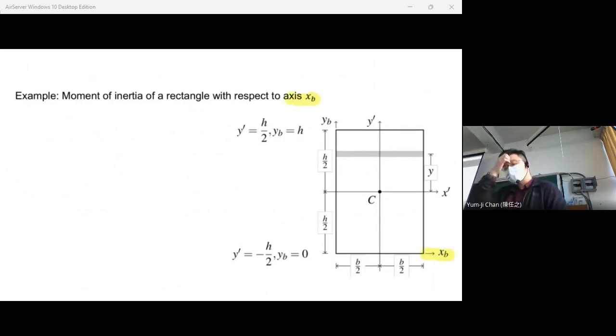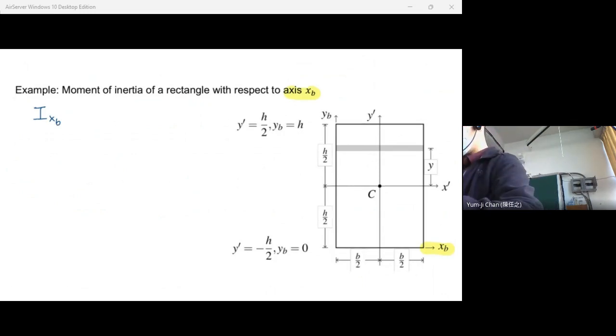And of course, we can determine this moment of inertia by integration. So we have Ixb is equal to what times dA.